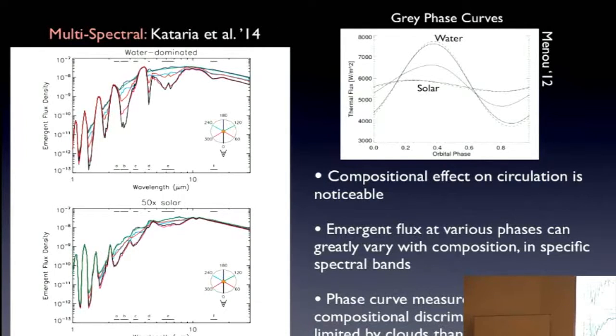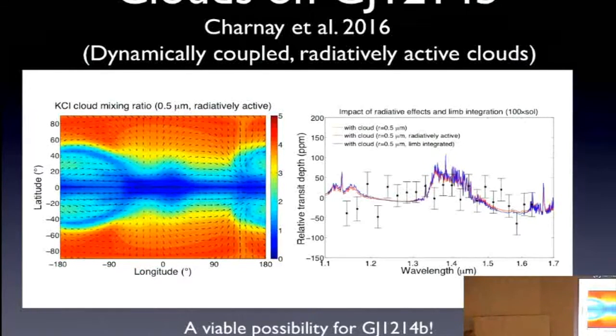And so a very nice result, I think, that came out just a few months ago from Charnay et al., people using this LMD code, which is a very nice code in a number of ways. What they have shown is basically, I would say, a point of principle. They have what might be a consistent model for GJ1214b.